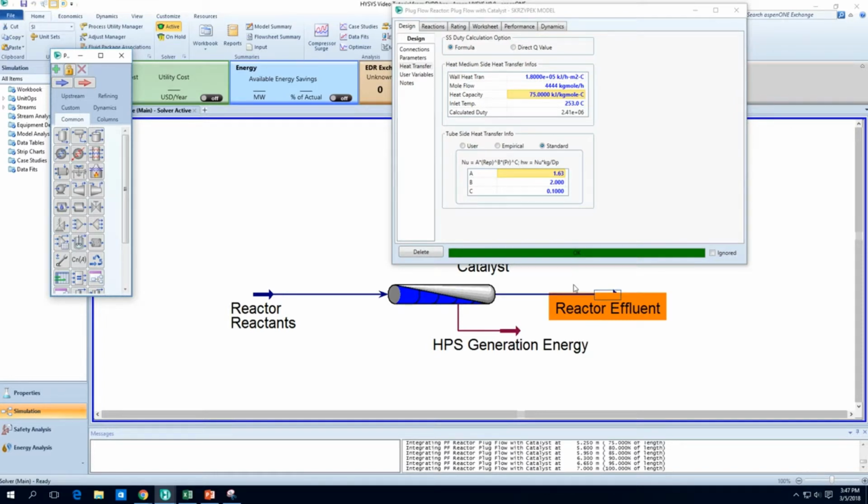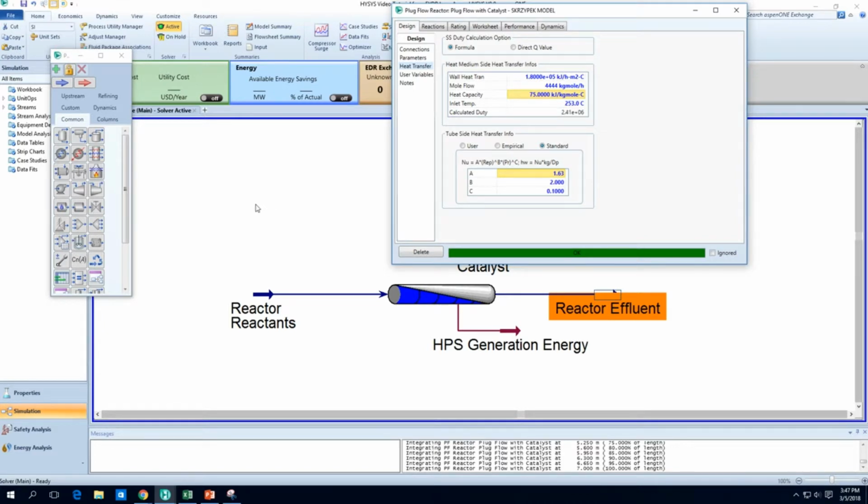One is that when there's a phase change, there's hardly any kind of temperature change. So I'm going to just make sure this is a very large number. This heat capacity is a very large number.